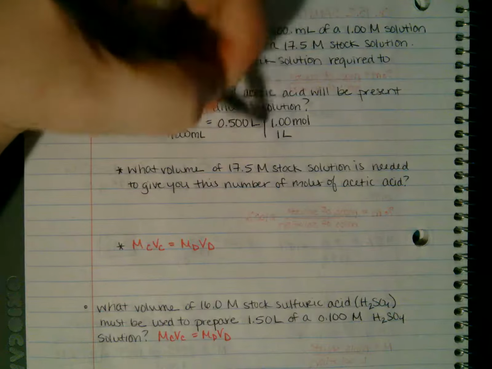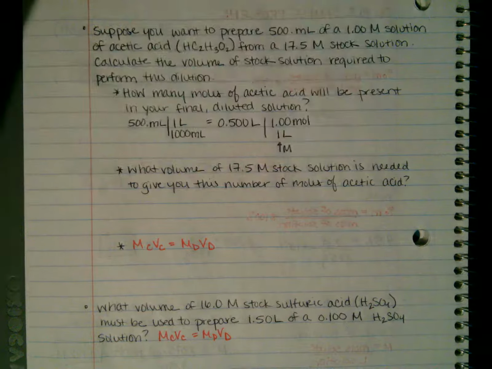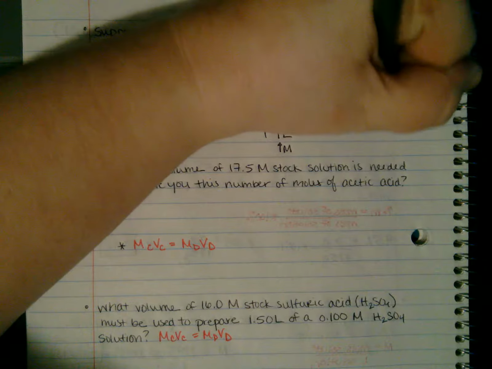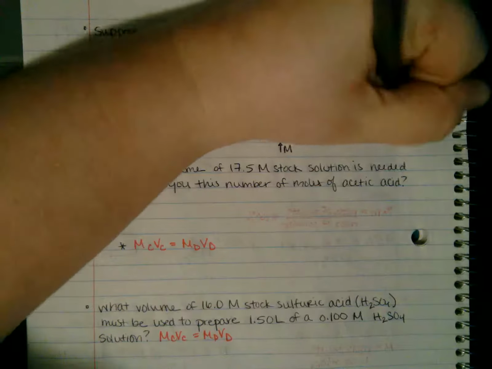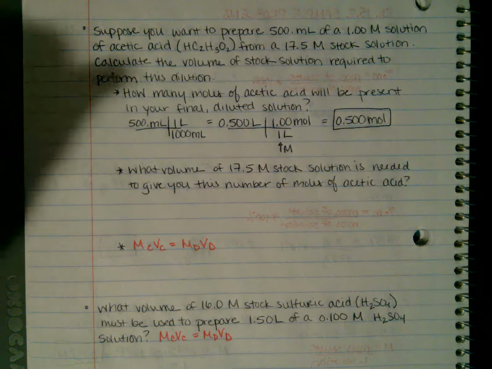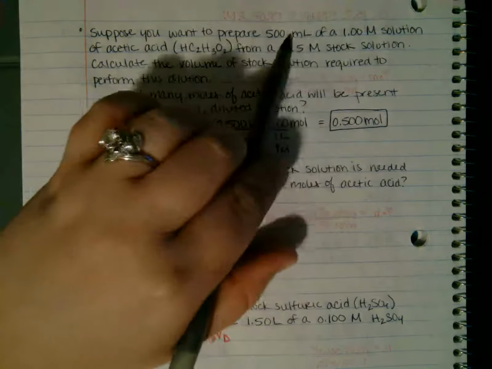This is using that molarity as a conversion factor. So in my final diluted solution, I'm going to have half a mole of acetic acid. That's the amount of moles I want to have present in my final solution.